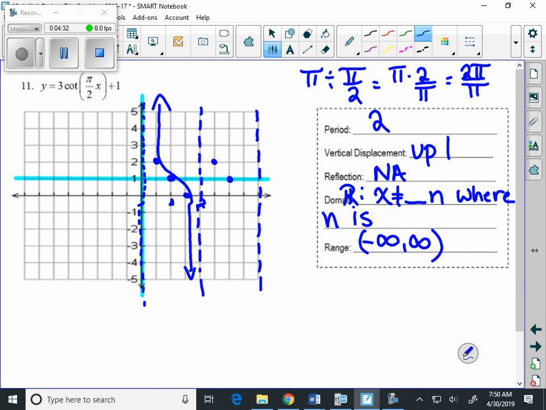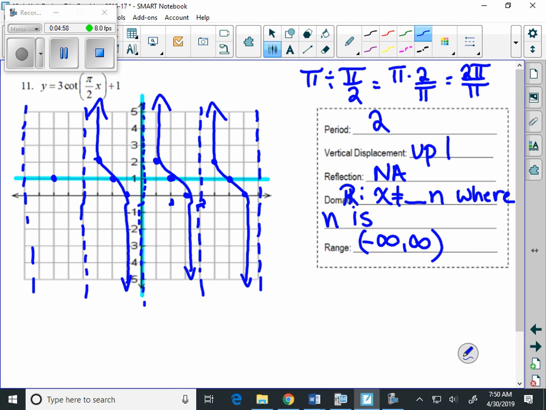But once we get 1, we can keep going. 1, 2, 3, 4. And we copy the pattern. So there's 4 periods actually of our function.